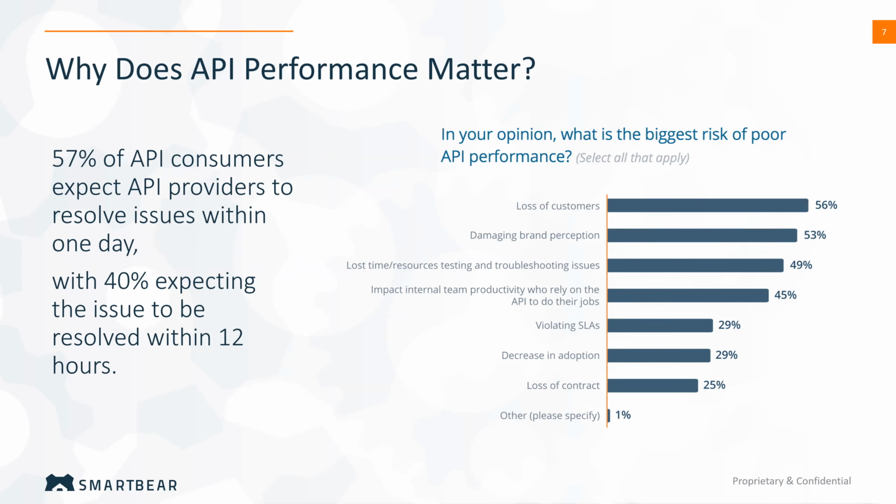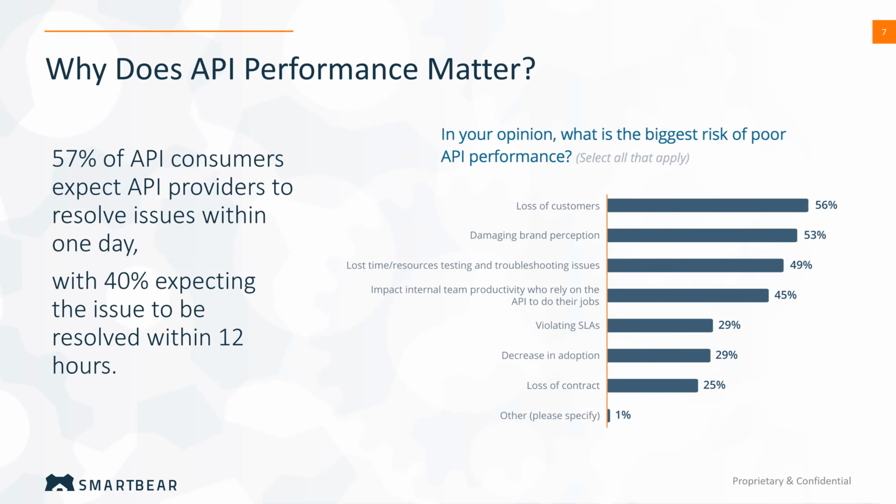Some of the drivers behind why API performance matters, from a business perspective and from a team perspective, are that you can lose customers. That trickles into damaging brand perception, right? If you are known for having terrible performance, people aren't necessarily going to look to you to partner or to rely on for business-critical needs.